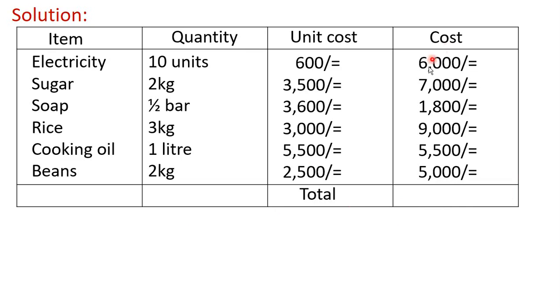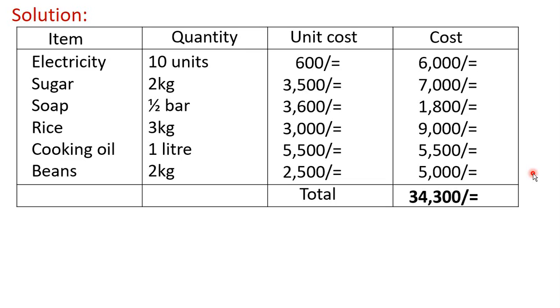And then we add 6,000 plus 7,000 plus 1,800 plus 9,000 plus 5,500 plus 5,000, and that will give you 34,300. Yeah, so that is the total cost of all the items that he has purchased.